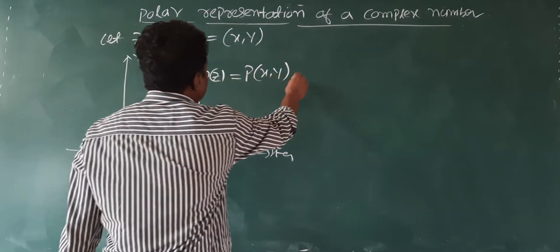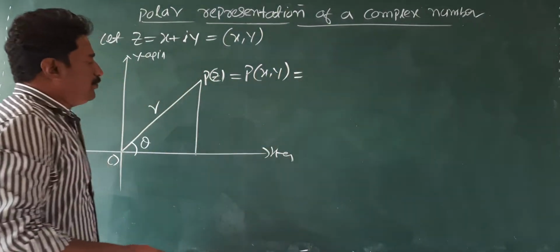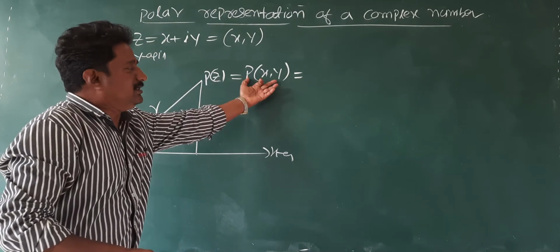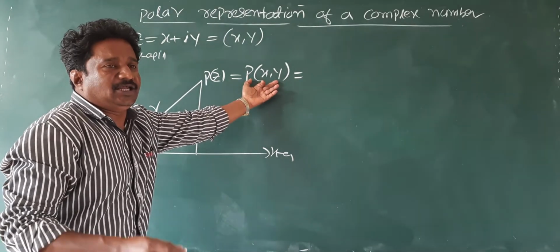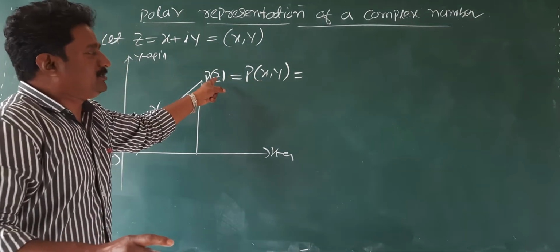This is the Cartesian form of a complex number.